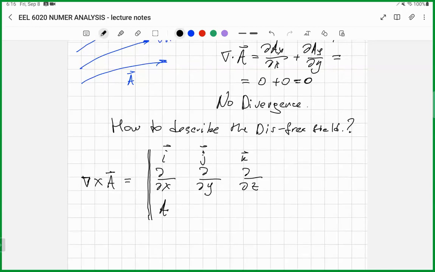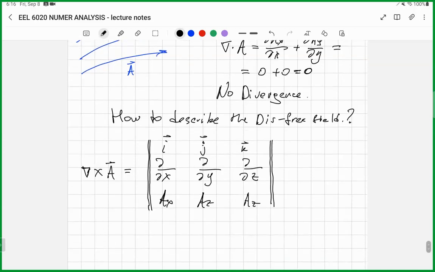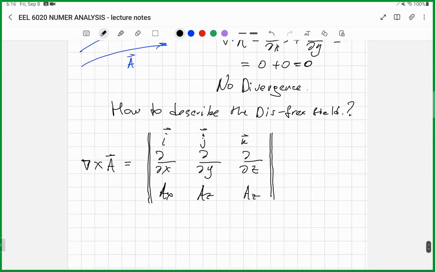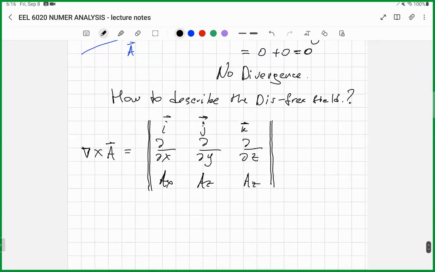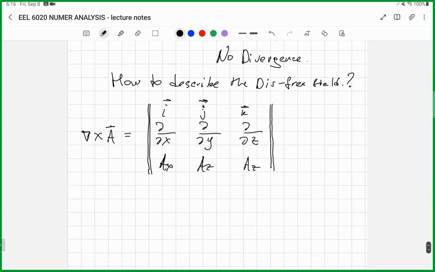And x, y, and z components of the field. Again, I refer you to the first lecture.